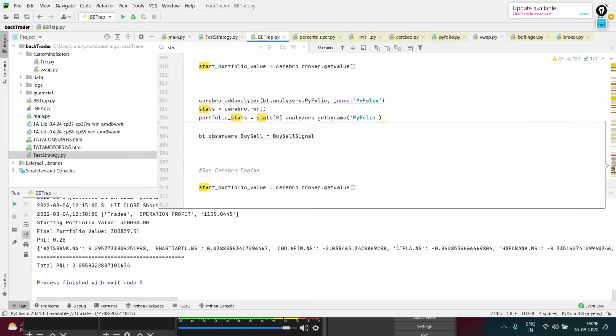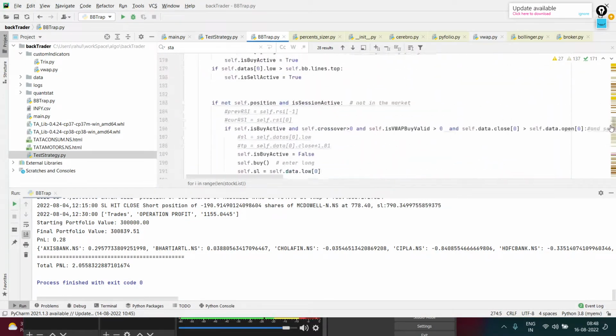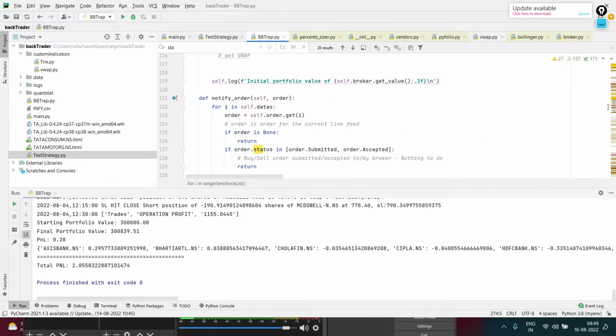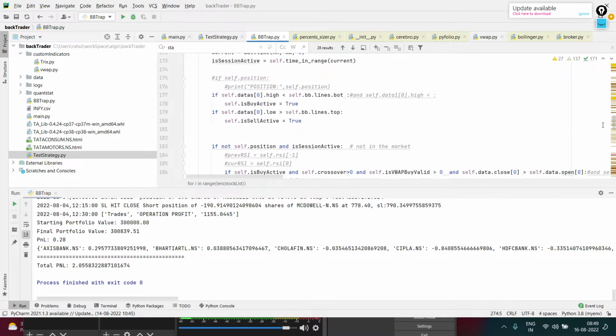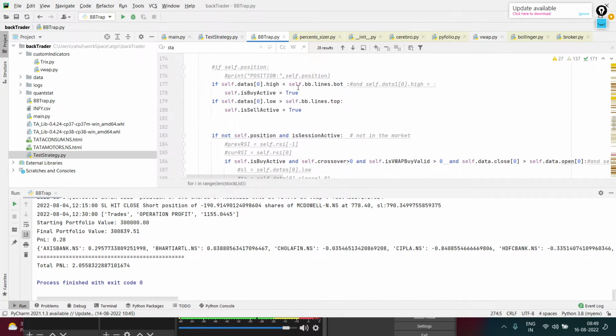So if you see here, this is the first condition: if the candle is closing beyond the bottom line, this is your Bollinger Band.